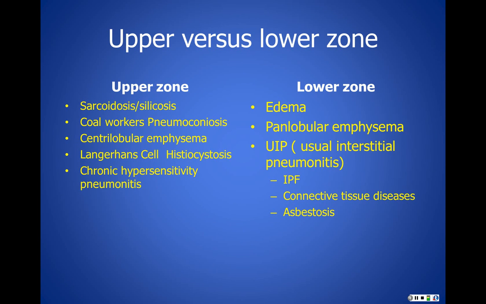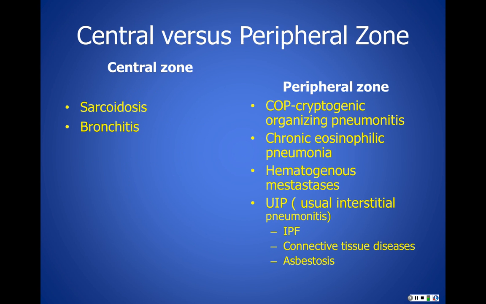Lower zone could be edema, panlobular emphysema, UIP. Okay, UIP is a pattern which I'm going to explain to you in a little bit, and there are two differential diagnoses for that: connective tissue disease and asbestosis. Central zone, again sarcoid and bronchitis. Peripheral zone is cryptogenic organizing pneumonia. This is a dense consolidation in the periphery, okay?